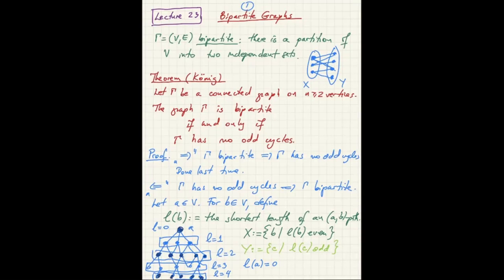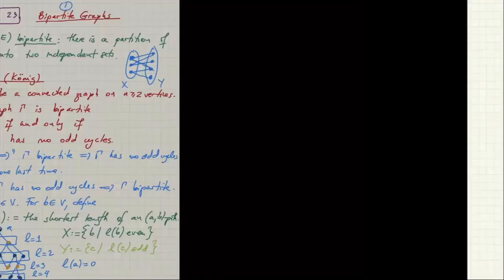And we define Y by the vertices which are at odd distance from A. This will consist of the neighbors of A, the vertices that are at distance 3 from A, and so on. Our goal is to prove this, so I'll move on to the next page.